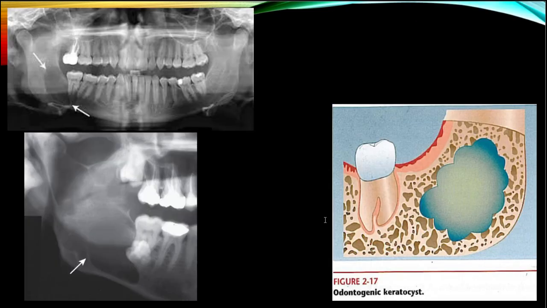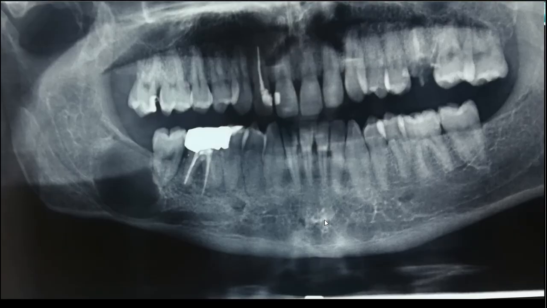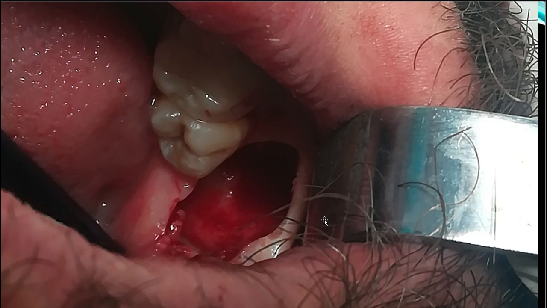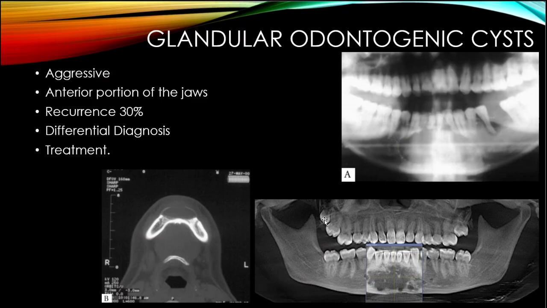Now, treatment goes from enucleation, marsupialization, then enucleation, to resection, because it's more aggressive, and sometimes we can use Carnoy's solution. So here's a case of odontogenic keratocyst, and that's the bony window after it was enucleated.